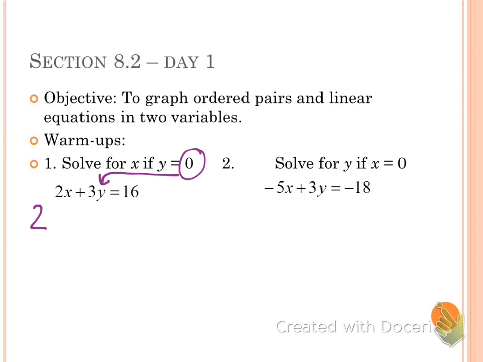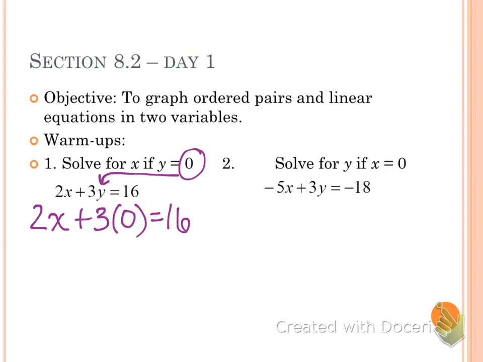So I rewrite the whole problem, 2x plus 3 times 0 equals 16. Instead of putting a y, I put a 0. I put it in parentheses because the coefficient right next to a variable means we have to multiply.